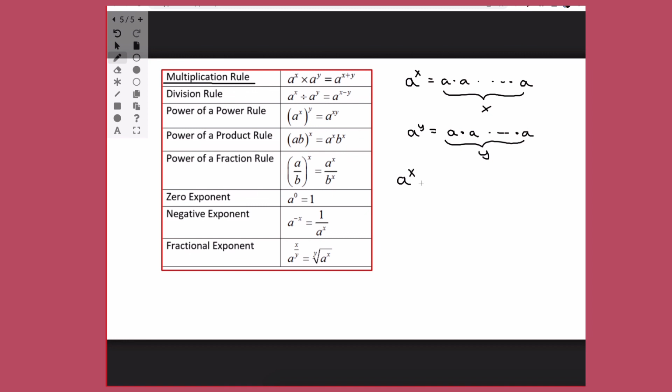So if we multiply the two, we can just multiply their expanded forms. This is a to the power x times a times a times a, which is a to the power y.